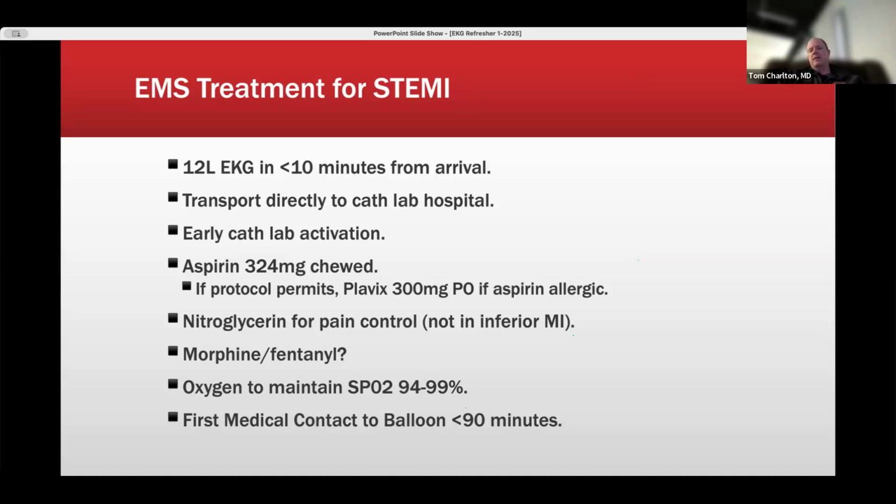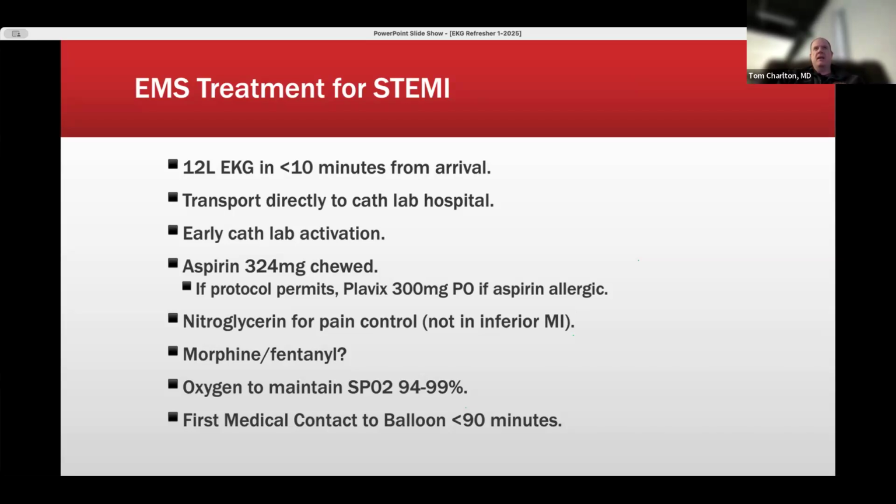There's now some literature that says that as little as 5 minutes between the balloon going up or not is all it takes to determine whether somebody is going to be a cardiac cripple or live a relatively normal life. 5 minutes.